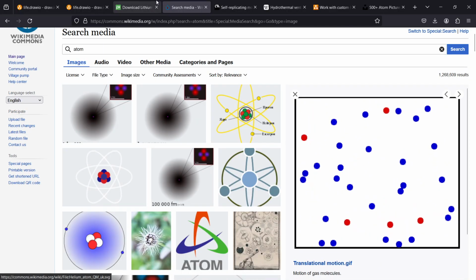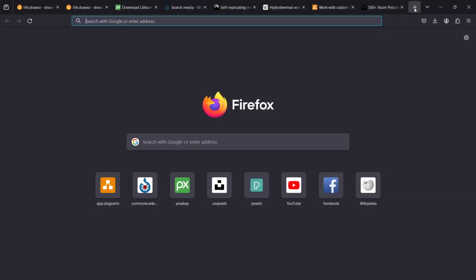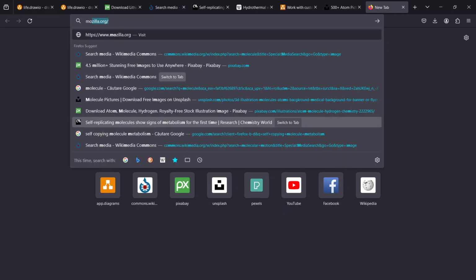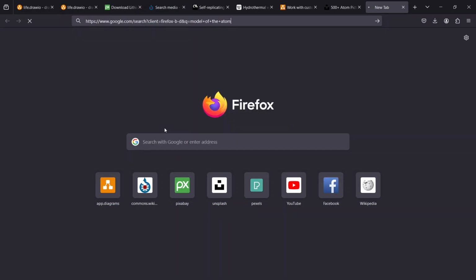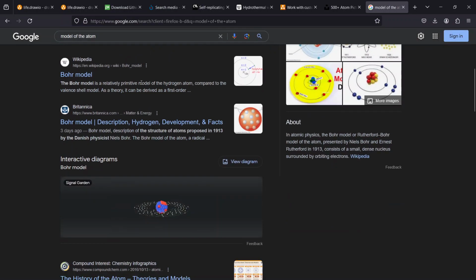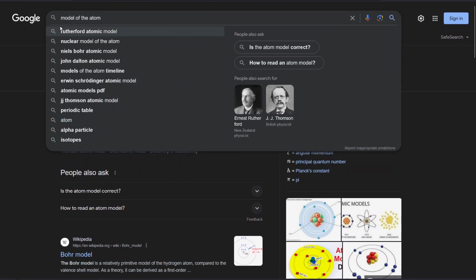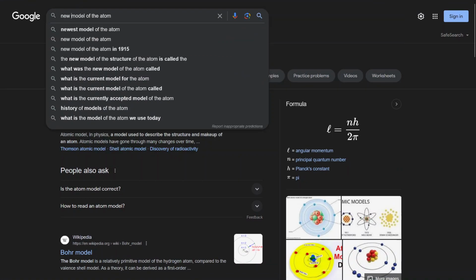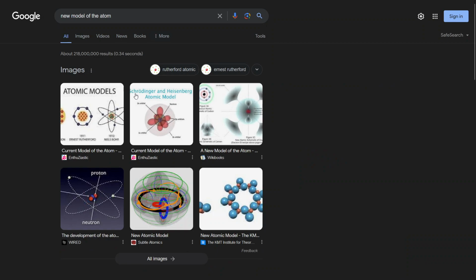What I also wanted to show you is the newer model. Depending on what type of atom it is, what chemical element, you have that big cloud of possibility.